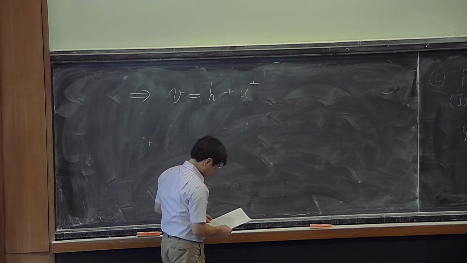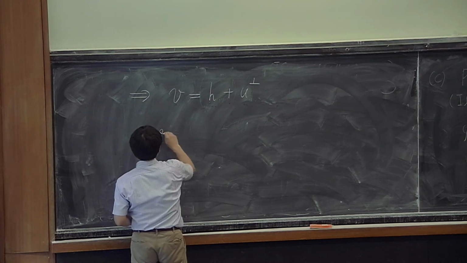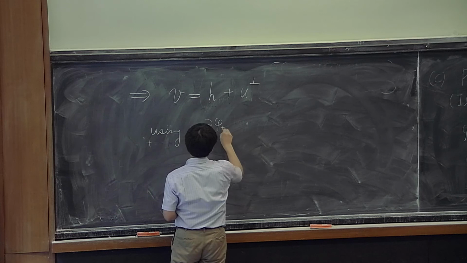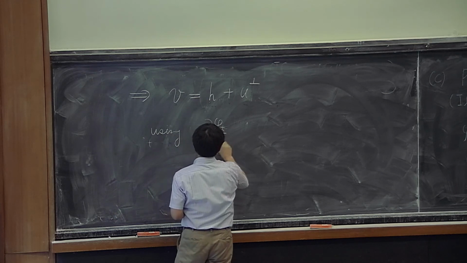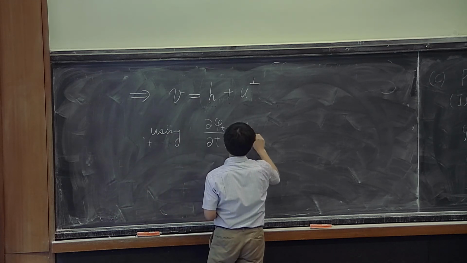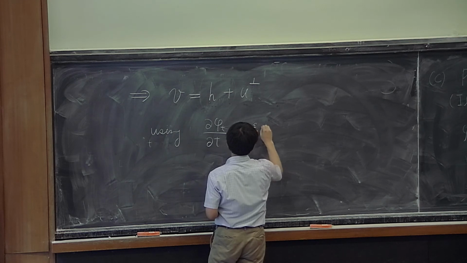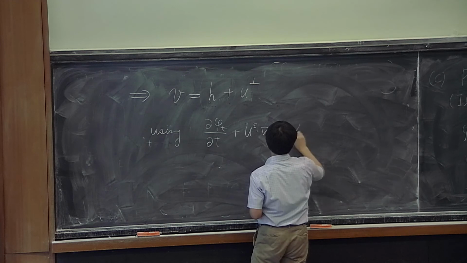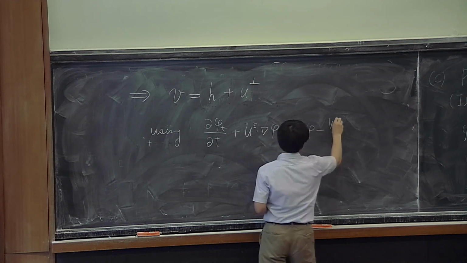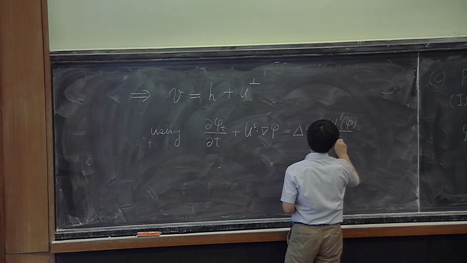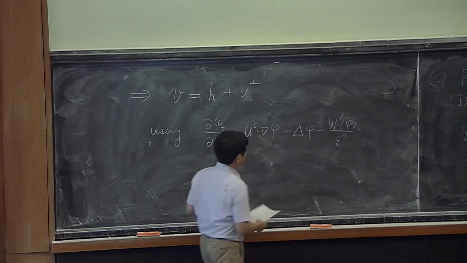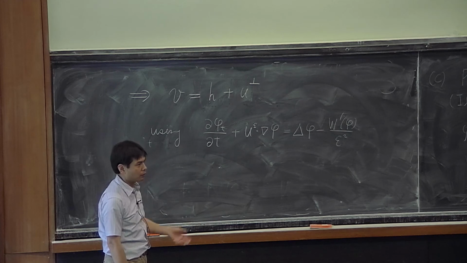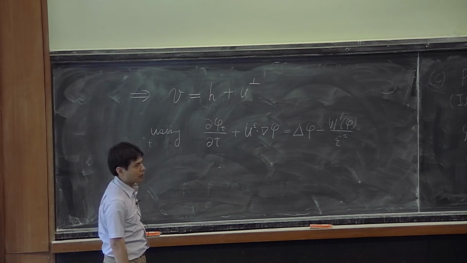Okay, so it's using this phase field method, where you need to put this extra term. So that's more as a passing note that you can also construct some more general flow within this kind of framework. Okay.